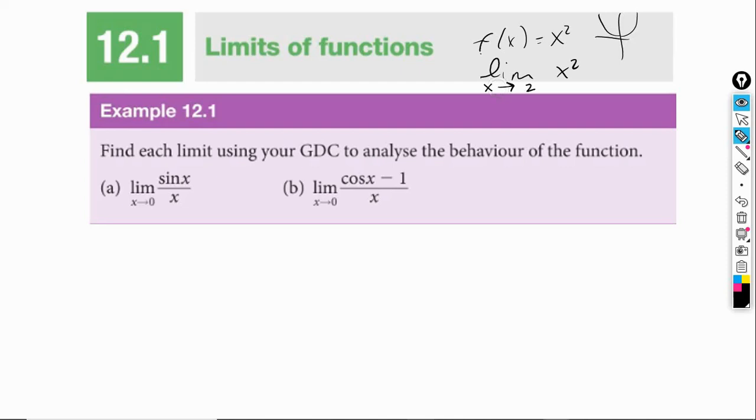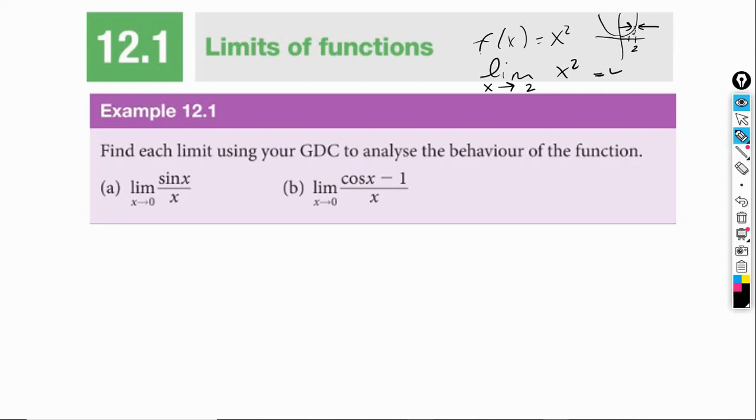The way to test limits is by approaching the x value from the left and from the right. What does that mean? Well, when x equals 2, and let's mark it over here, and we approach it from the right and from the left, what y value does it approach? In this case, it's very easy to see because all we have to do is plug in 2, and we know that 2 squared is 4.